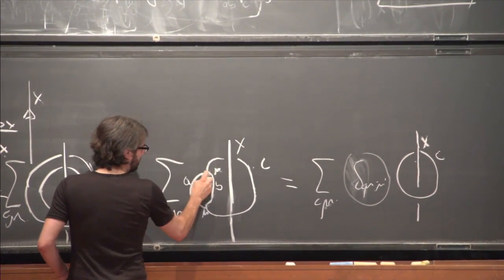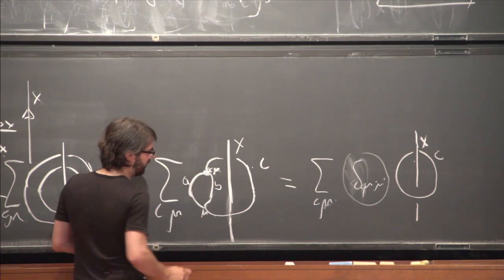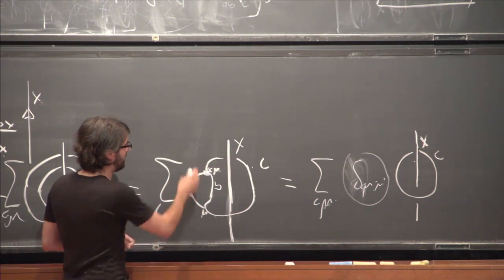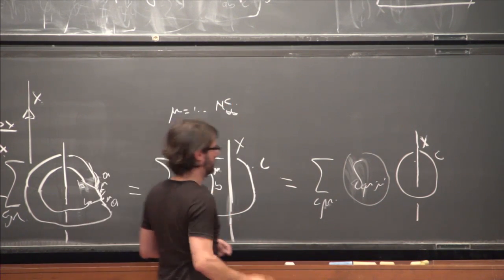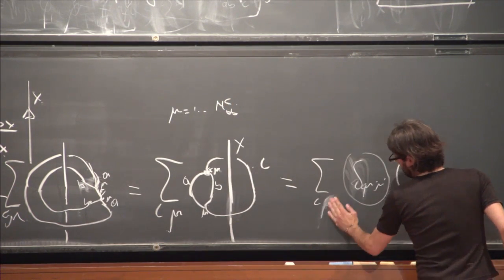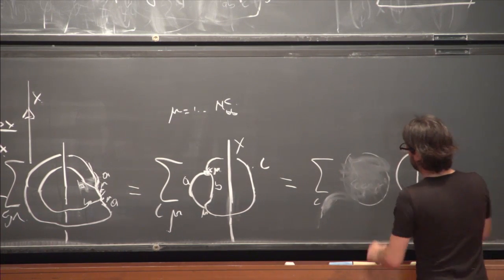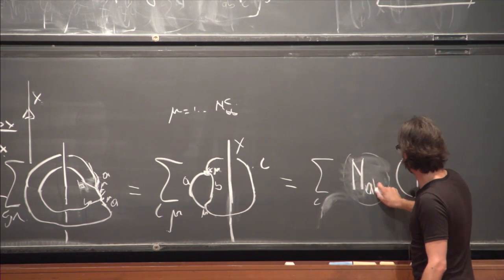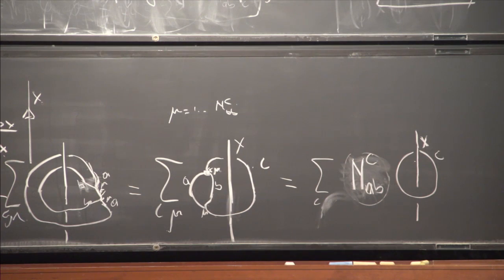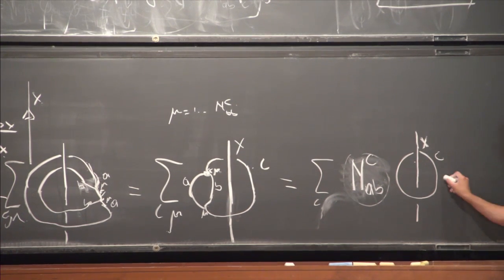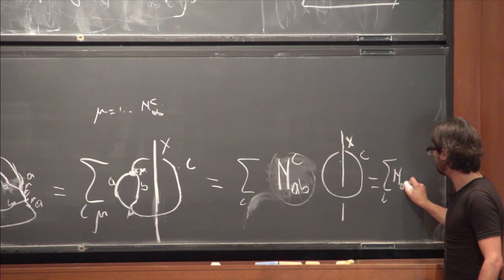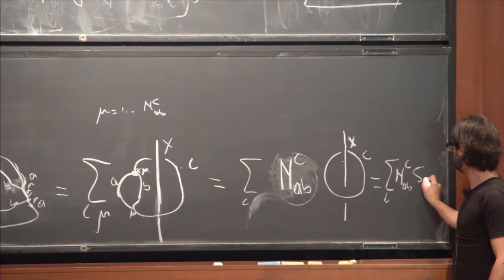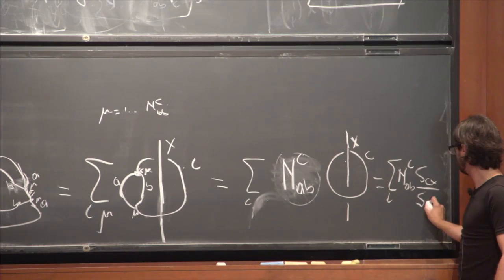Well, the mu's just index the number of possible splittings of C into A and B. So mu goes from 1 to N_ABC. So I can take the summation over mu and just add N_ABC. But this is obviously the sum over C of N_ABC times SCX over S1X.